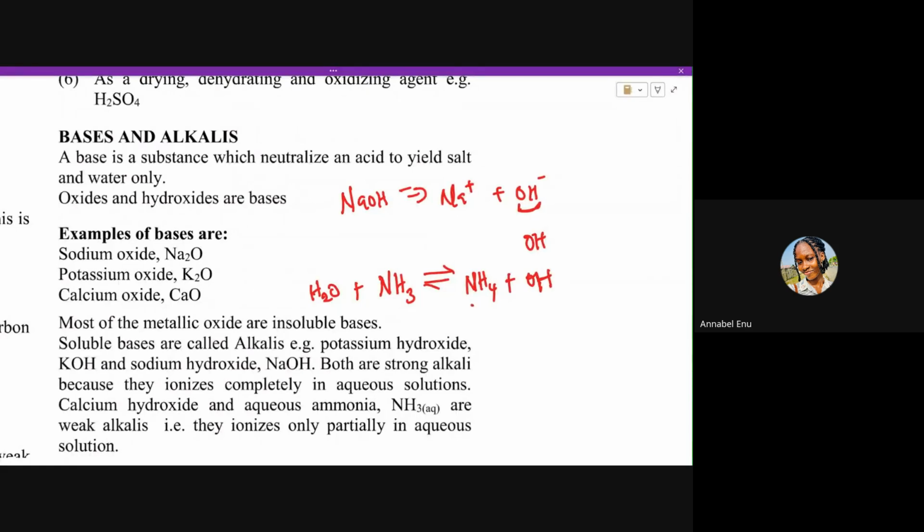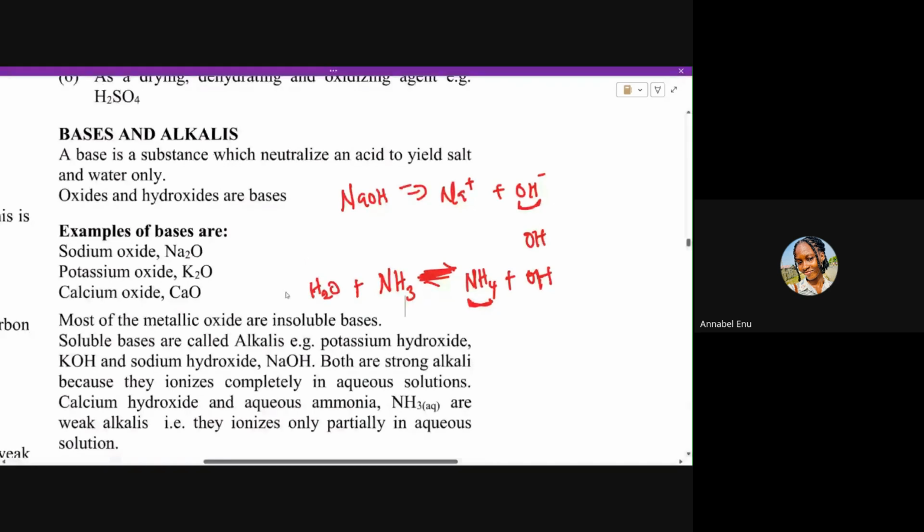So this is the proton acceptor we are talking about. In the product it is accepting a proton. That is what makes ammonia also a base.